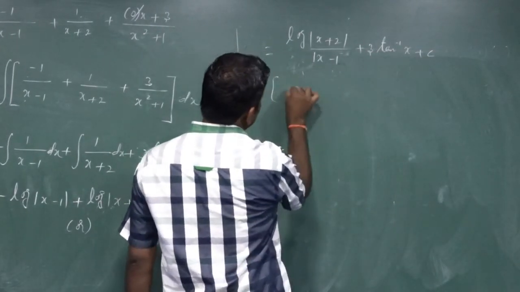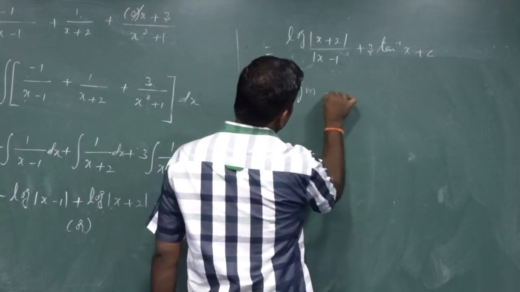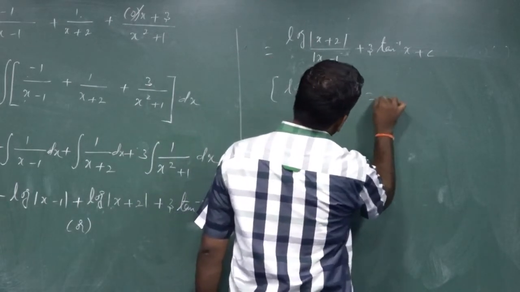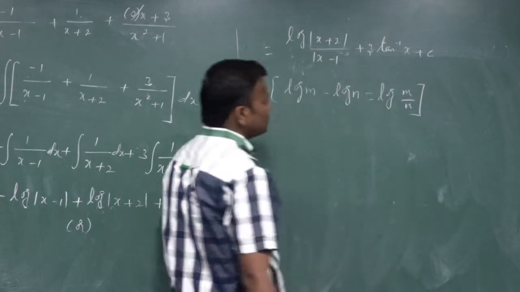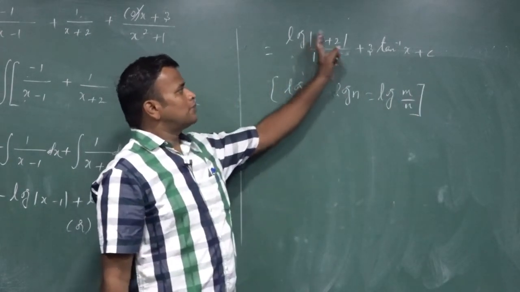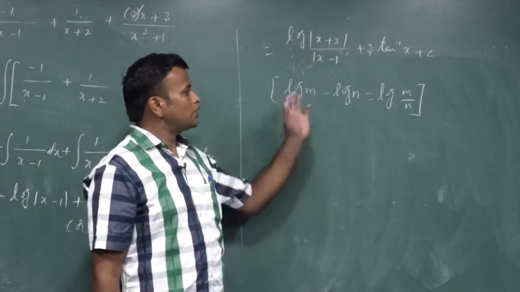I write the formula log m minus log n, the formula is log m by n. We use the formula here. So it's the m term, and it is the n term, so log m by n.